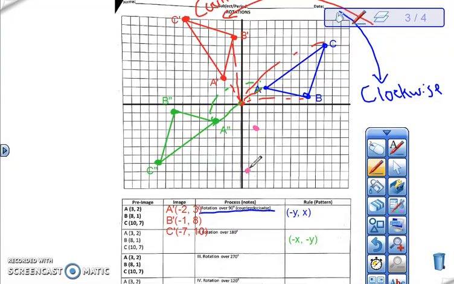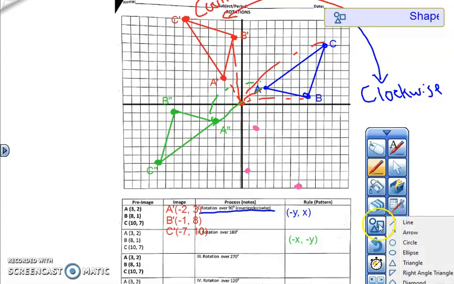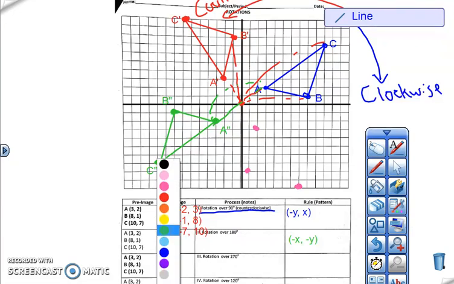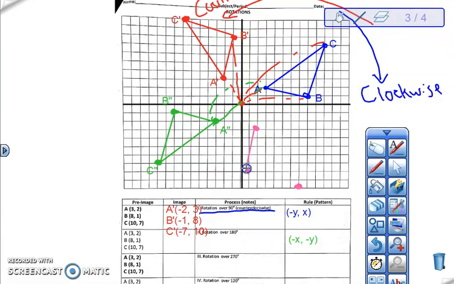And then C, 1, 2, 3, 4, 5, 6, 7, 8, 9, 10. So C will be right there. Let's get our nice little pink lines going. Let's draw that one more time. And there's our triangle.